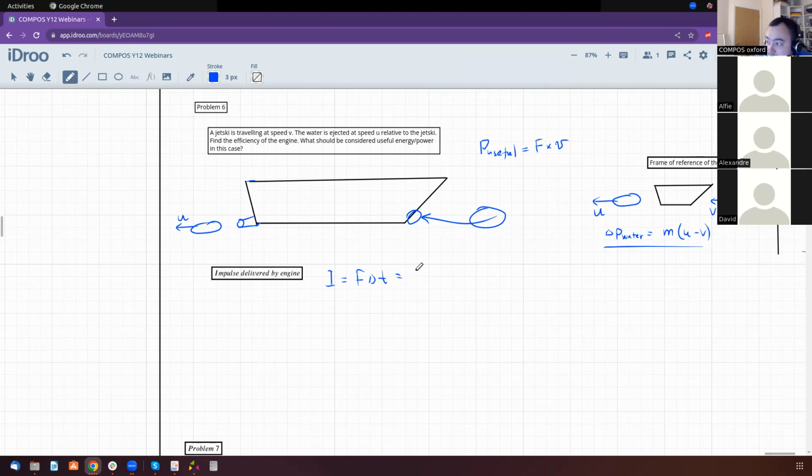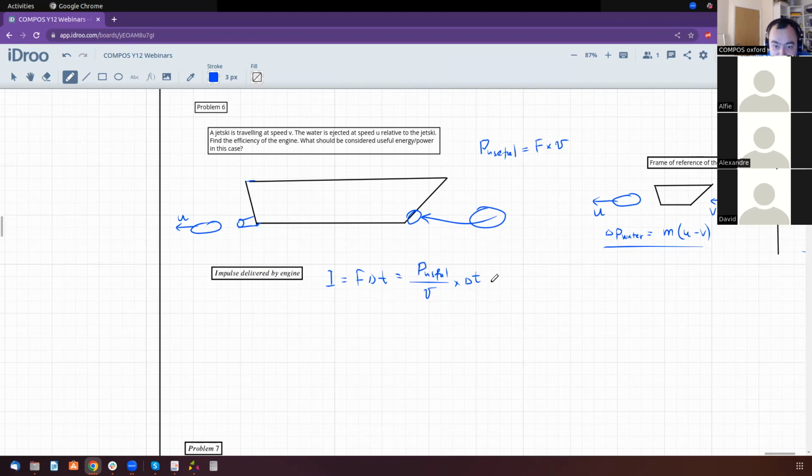And the force is the useful power divided by the velocity of the boat, and multiplied by change in time.